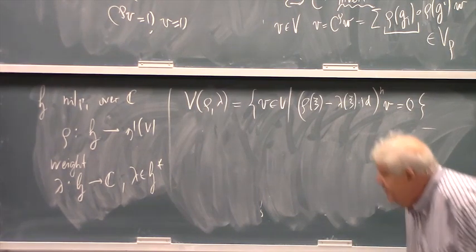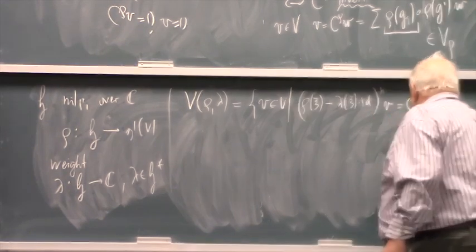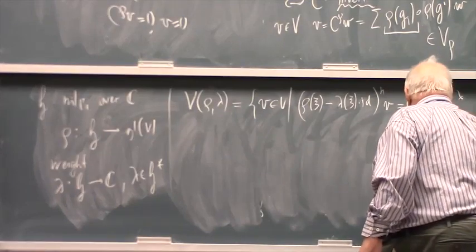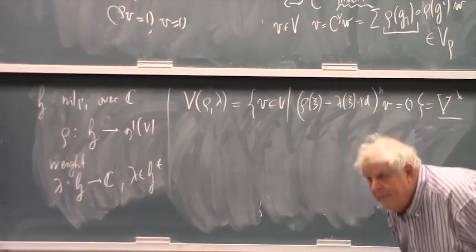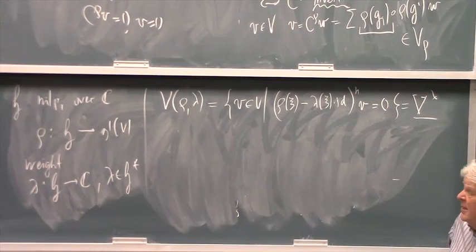Also, this is another notation which actually we'll be using: V super lambda. You understand that if we have not a representation but just one operator, then this is a very common thing.